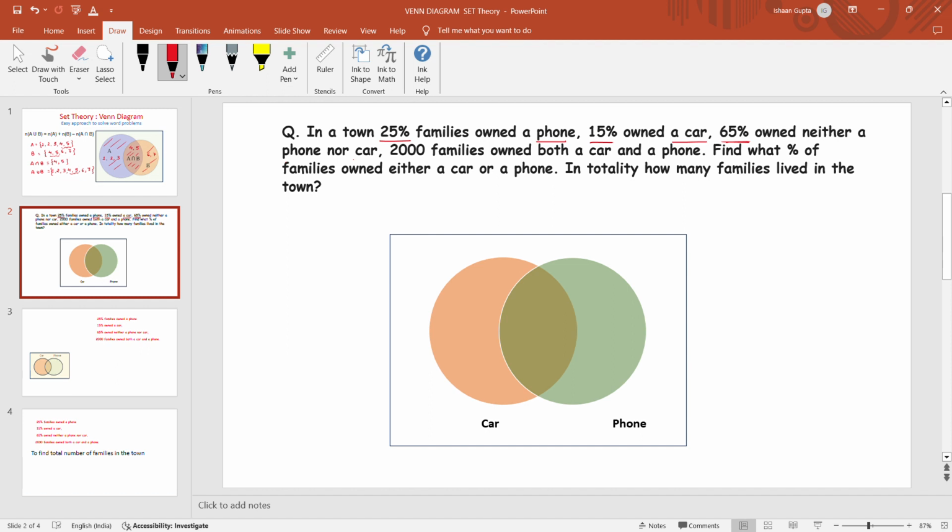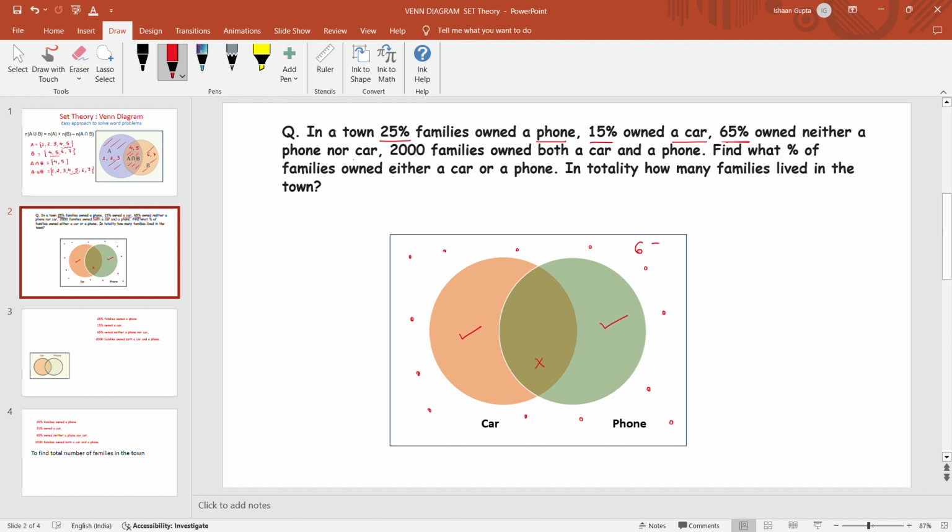That means, as you can see again from the figure, these are the people who own a car, these are the people who own a phone, and here this is the common area wherein people own a car as well as a phone. So what about this dotted area now? This dotted area, which is the white one, is the area wherein people don't have a car or a phone.